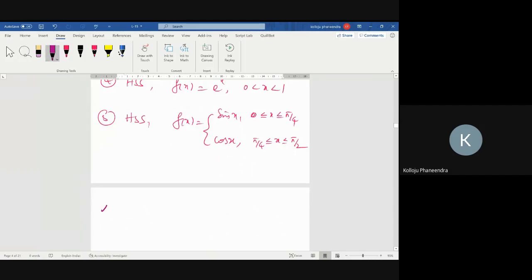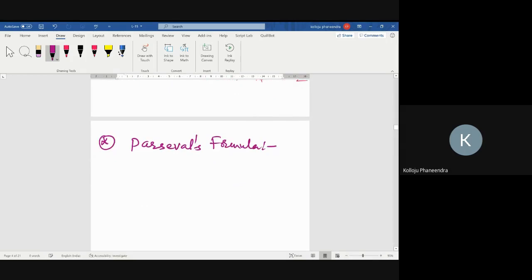Now, the last topic in our first unit is Parseval's formula. What is the statement?